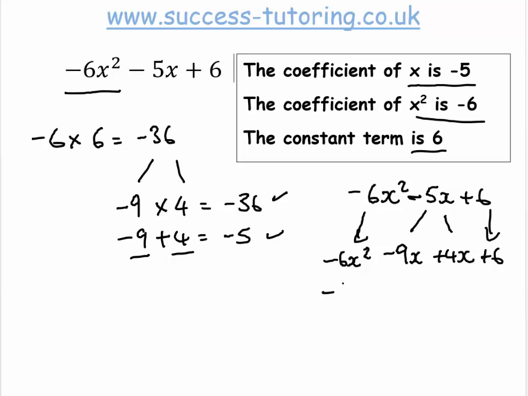I'm going to go ahead and place these in brackets. I've done it deliberately this way because I know that minus 3 is the highest common factor of minus 6 and minus 9. Put 4x plus 6 inside of a bracket as well. Okay, scroll down.